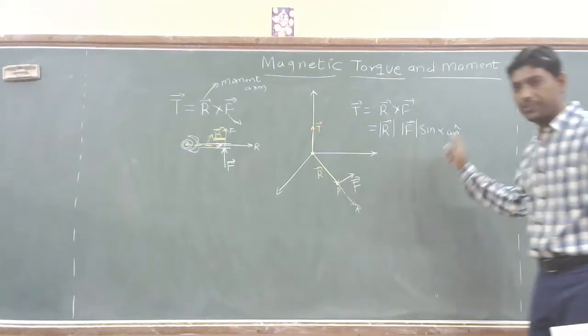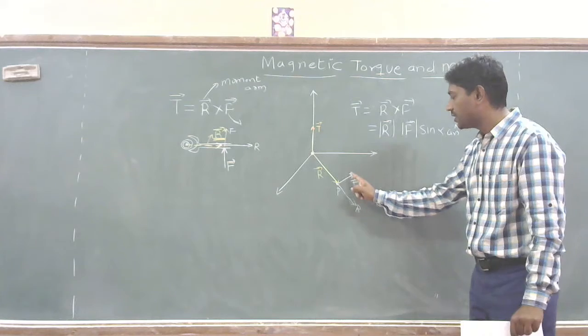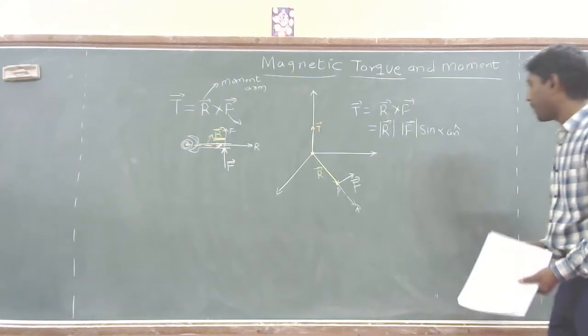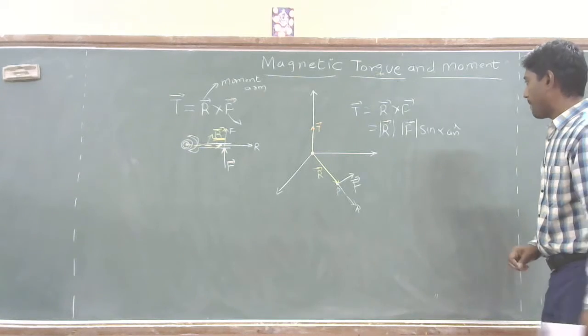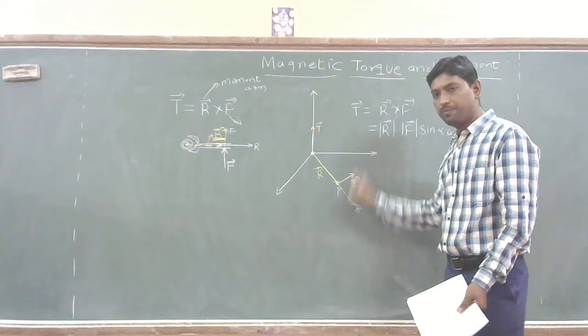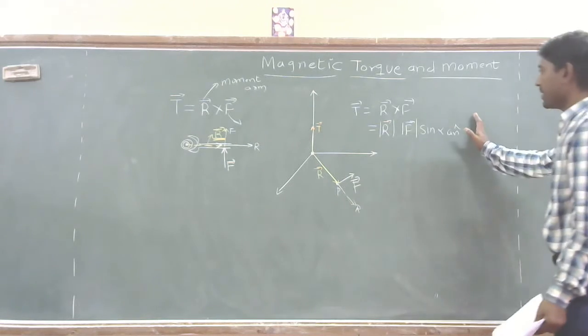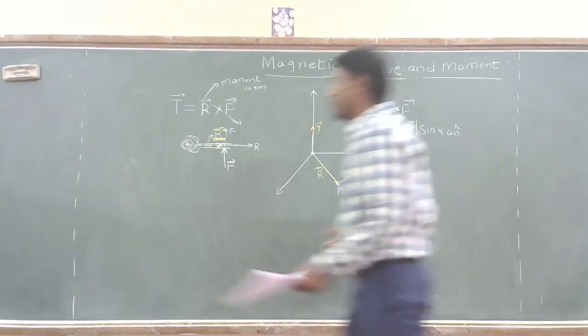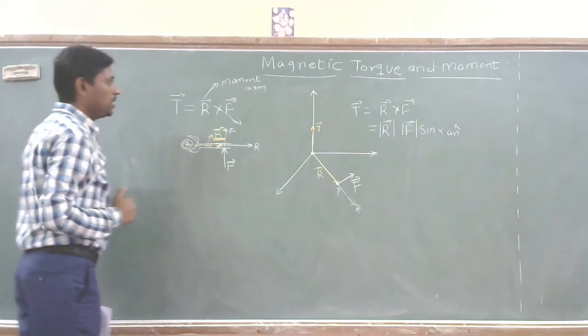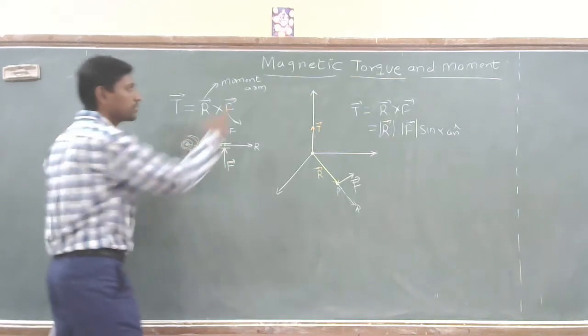A hat is the unit vector perpendicular to both vectors, that is, perpendicular to the plane containing them. And alpha is the angle between F and r. Okay, that's fine.